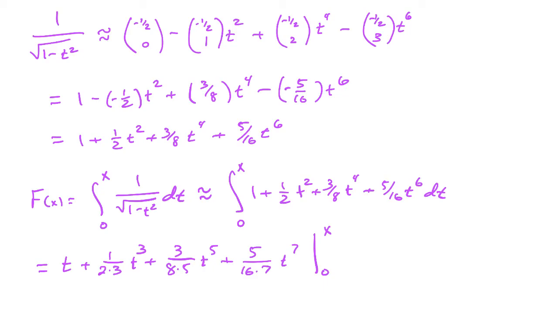When we make this substitution, we find that this is x plus 1/6 x cubed plus 3/40 x to the 5th plus 5 over 112 x to the 7th.